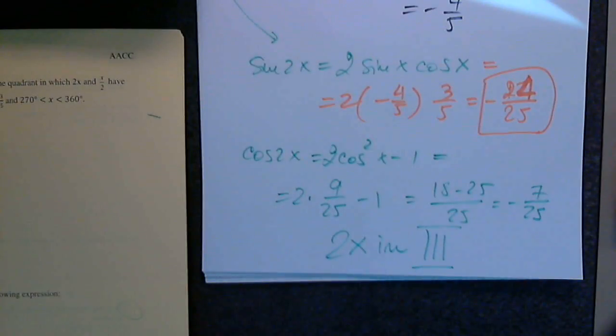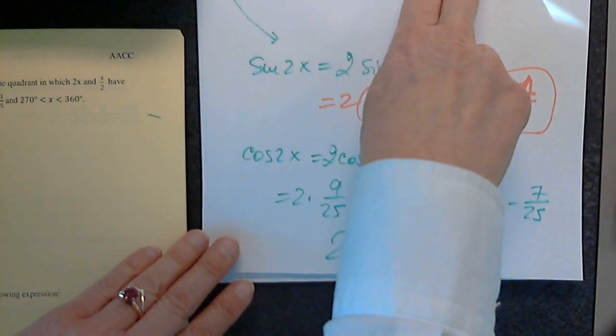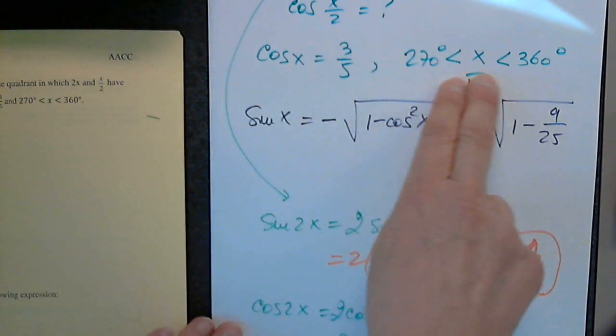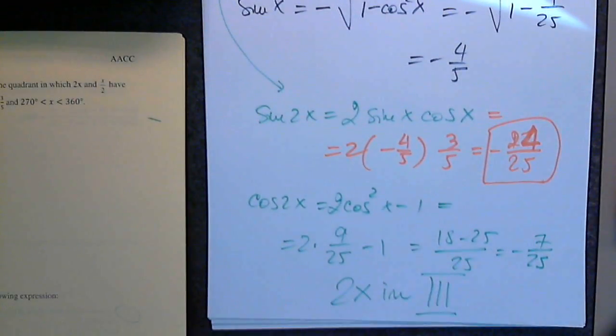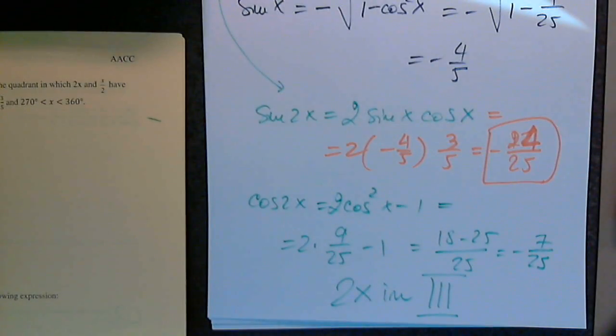For the double angle, I don't have a way of determining the quadrant from x. But if I determine sine and cosine for that angle, there is no secret. There is only one quadrant in which sine and cosine are negative. So why did we do cosine 2x? To find the quadrant for the angle 2x.